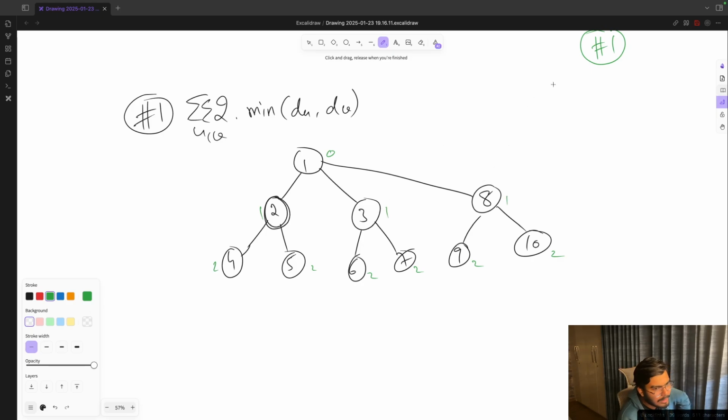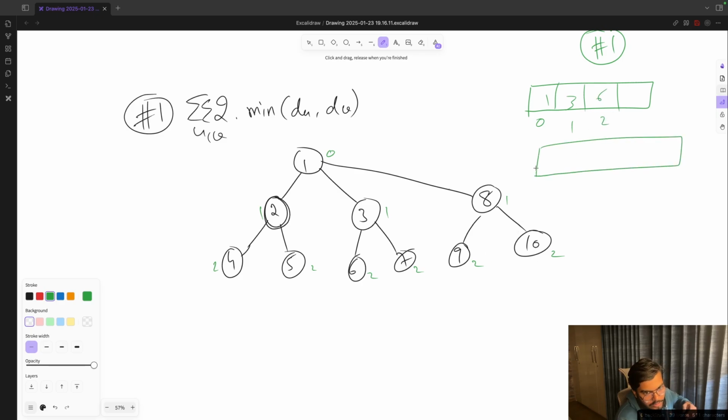You can also have a map of count of depth, like how many nodes of depth 2 are there, how many of depth 1, how many of depth 0. So let's say depth count is: 1 node at depth 0, 3 nodes at depth 1, and 6 nodes at depth 2, right?